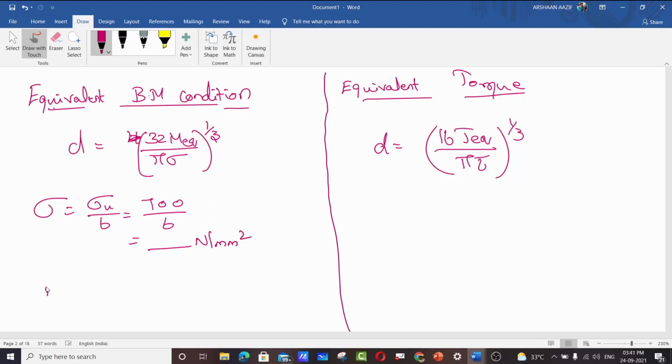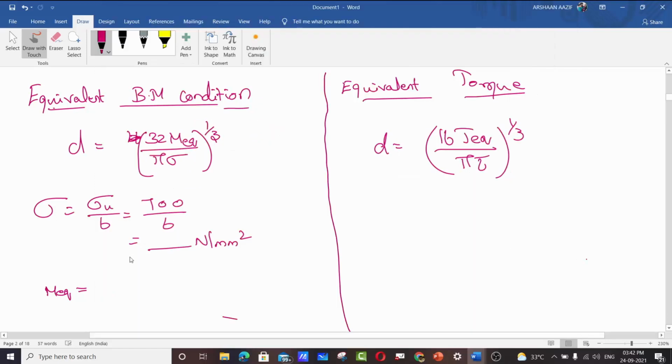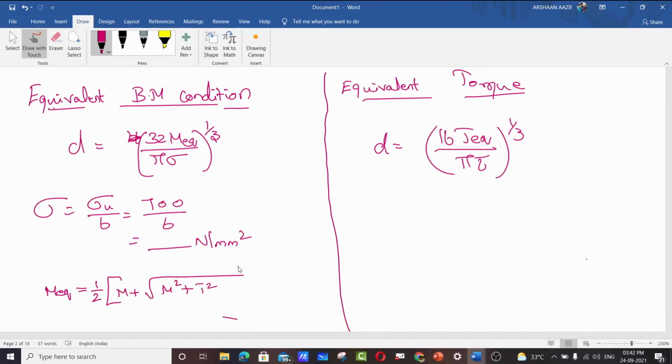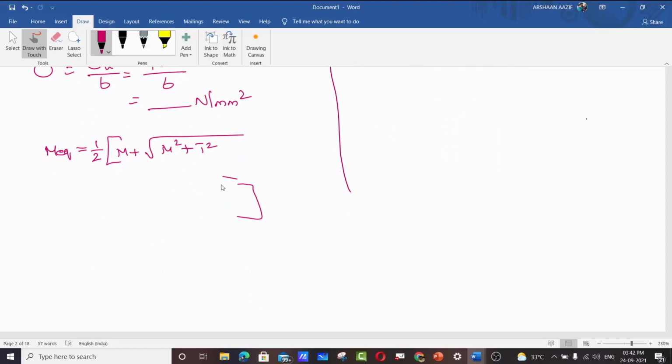The formula for the equivalent bending moment is M equivalent equal to half into M plus root of M square plus T square. We already have the value of M and the value of T. So substituting in the formula, you can get the value of M equivalent.